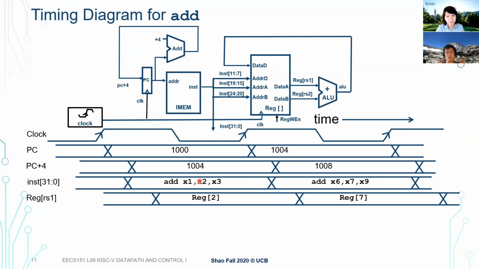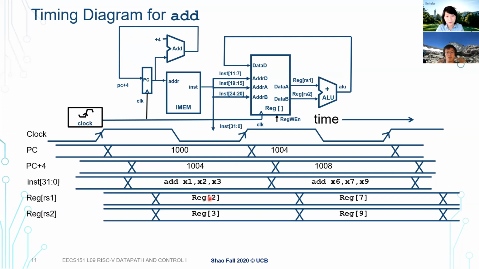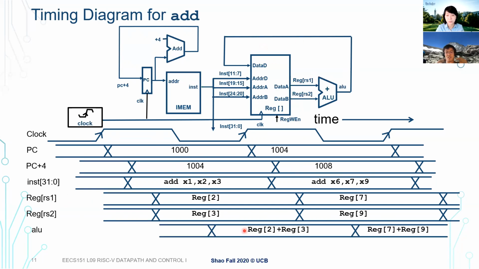Looking at the first source register, X2, we read the data from X2. This reg RS1 wire holds the value of the second register, and similarly this wire gets the value of the third register. Then we go through the ALU, because we're doing addition, to get the sum, register 2 plus register 3.